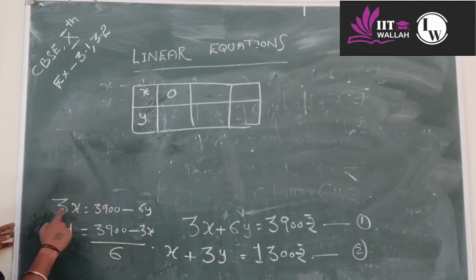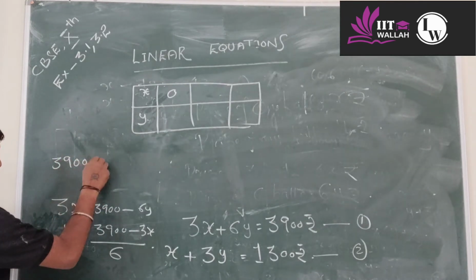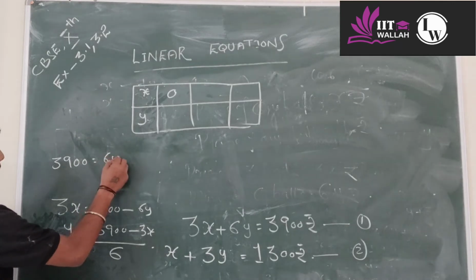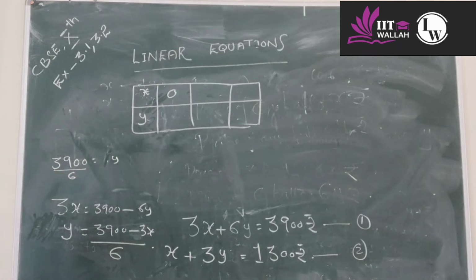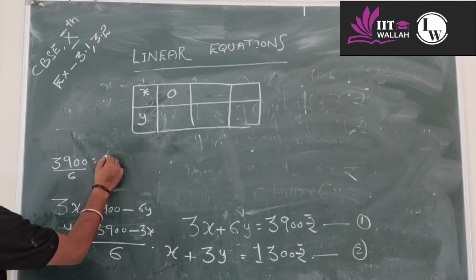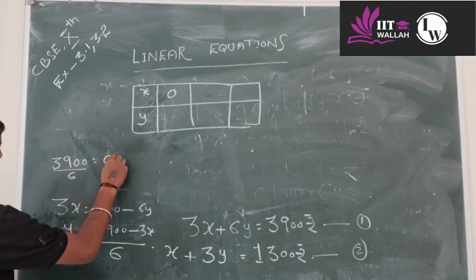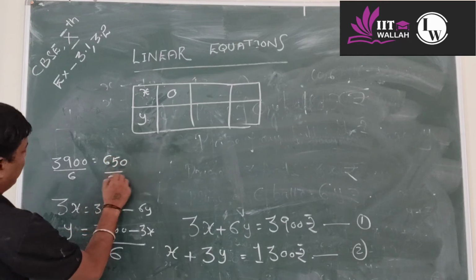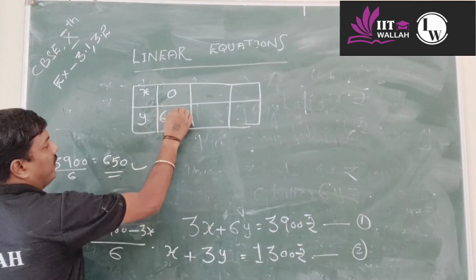So y will be 3900 by 6, which is 650. So y is 650.